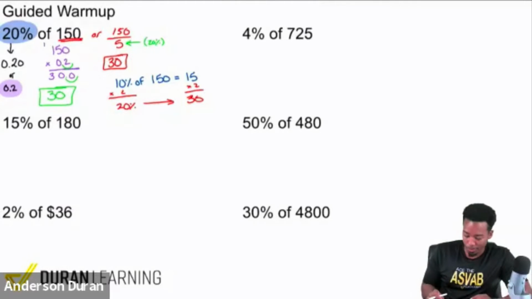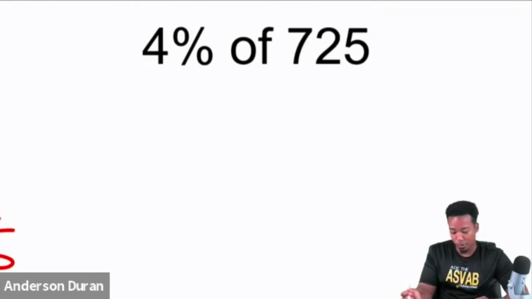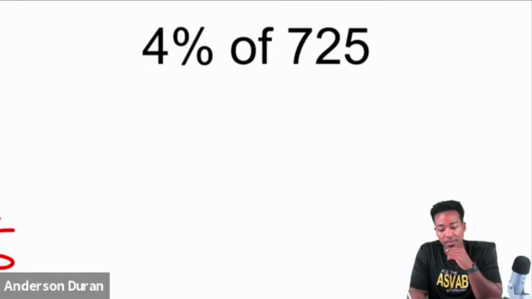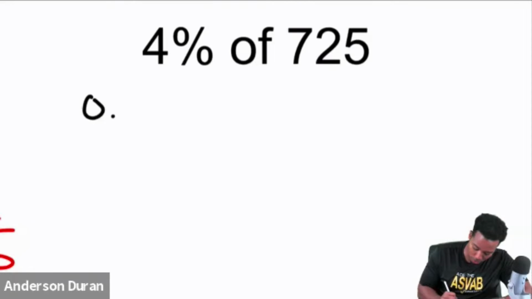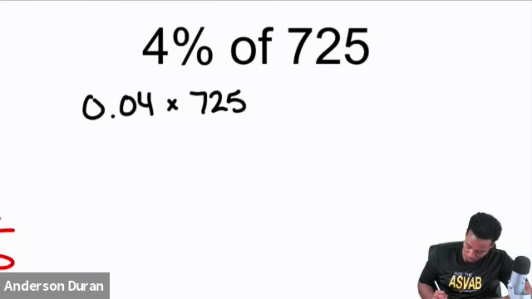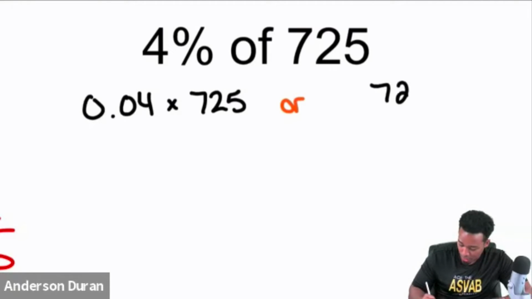Hey, not a problem. And so if we're looking at 4% of 725, everybody, we can go through this 2 ways. One way is going to be by saying, hey, we have 0.04 multiplied by 725. Or the other way that you might see it could be 725 divided by what, everybody?